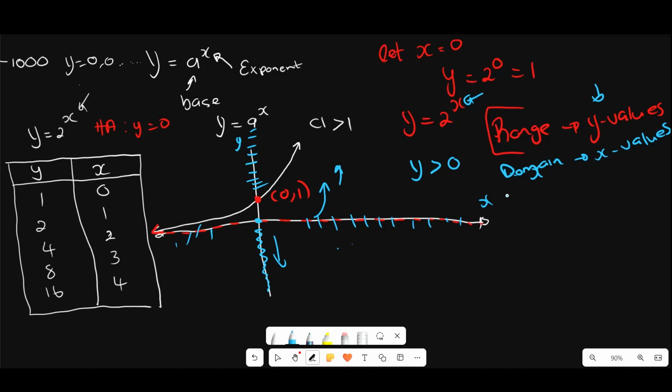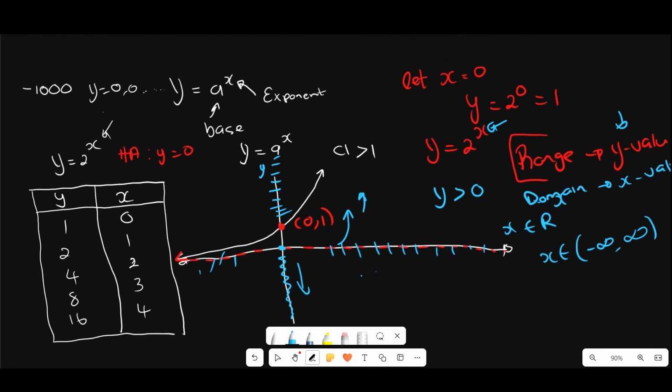We can say x is an element of the real numbers, or x is an element of negative infinity to positive infinity, so all the numbers from the left to all the numbers to the right. I hope that makes sense. I tried by all means to explain this a little bit more simply.